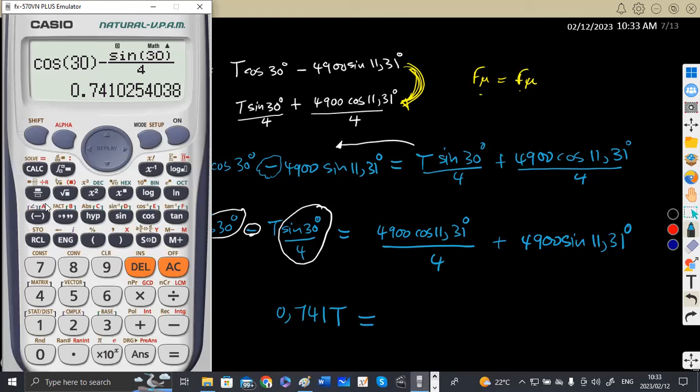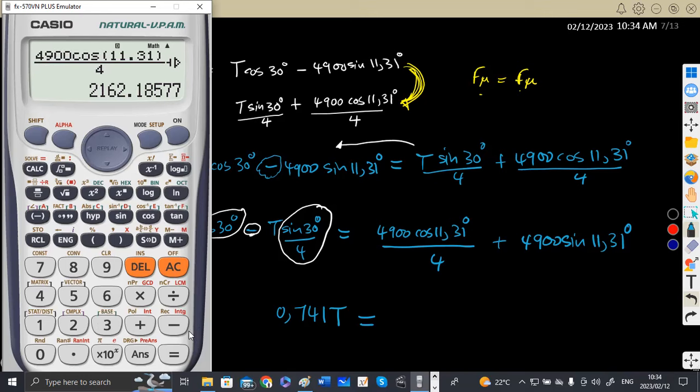So this is what you're going to have, a fraction here, 4,900 cos 11.31 degrees, everything over 4. It's a plus, so it's plus 4,900 sine 11.31 degrees.